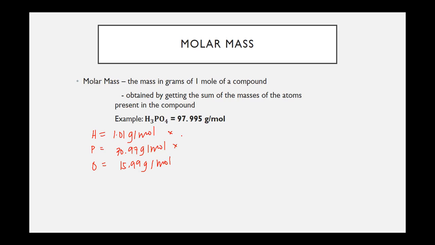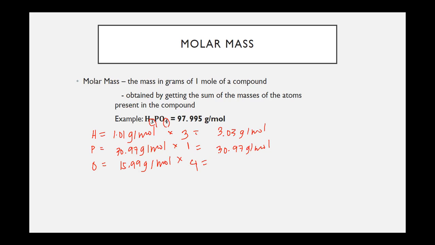Para makuha natin yung molar mass ng compound na ito, we will multiply it by ilan ba yung present na atoms. Hydrogen, may 3. Phosphorus, may 1. And the oxygen, may 4. So solve na natin. 3.03 grams per mole. Ito naman ay 30.97 grams per mole.